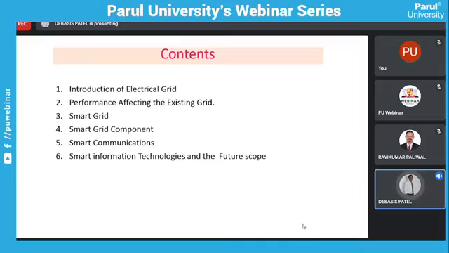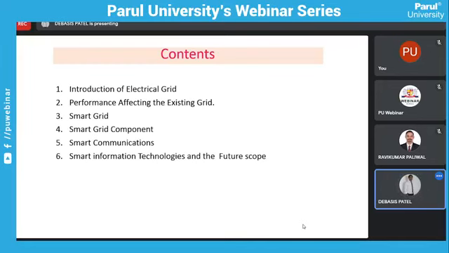Then we will come to the smart grid definitions, then discuss in detail the smart grid components, focusing in detail on smart grid communications, smart grid communications technology and its future scopes.